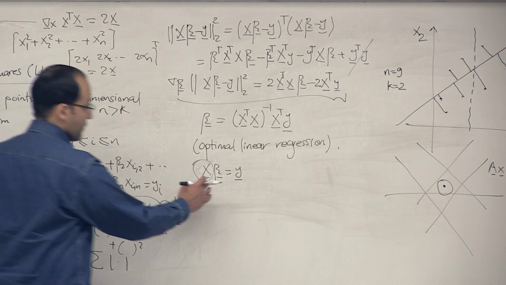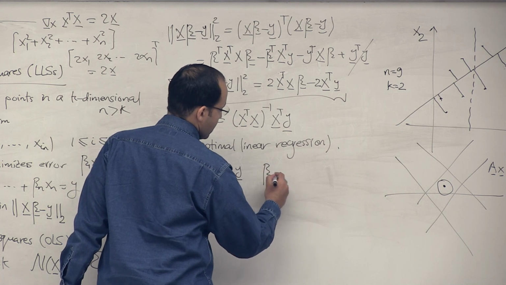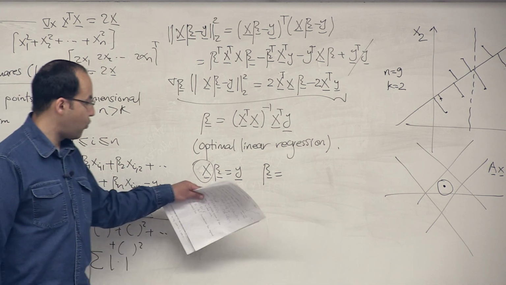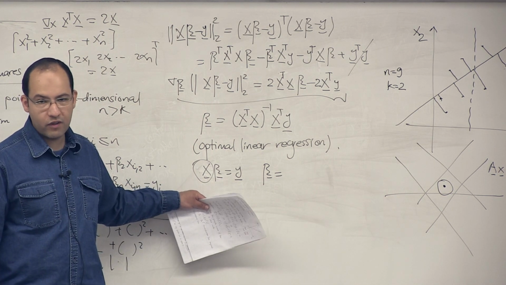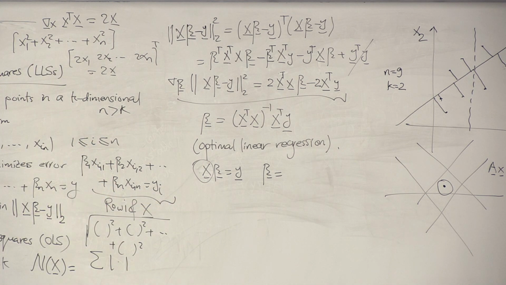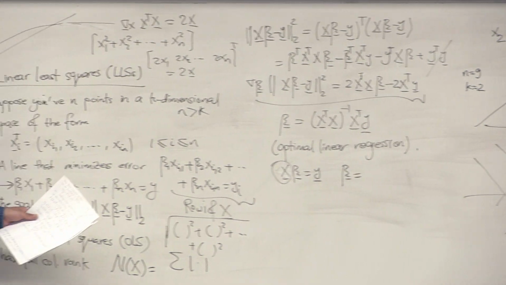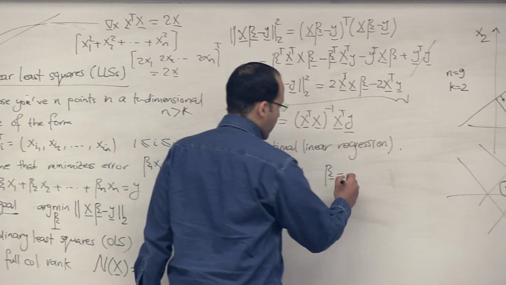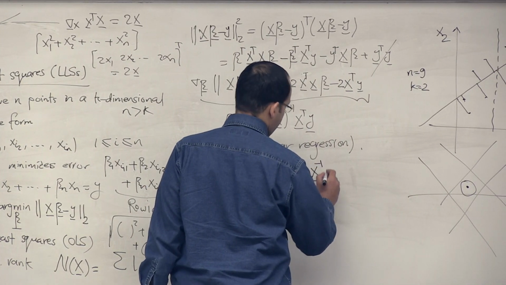What is beta for this equation? Yeah, exactly, right? It's a square full rank matrix. Its inverse exists, right? What is the only problem we have here? Is that we have more equations than unknowns. So the straight inverse matrix is not even square, right? So what is the solution here? As our friend said, it's x inverse y.